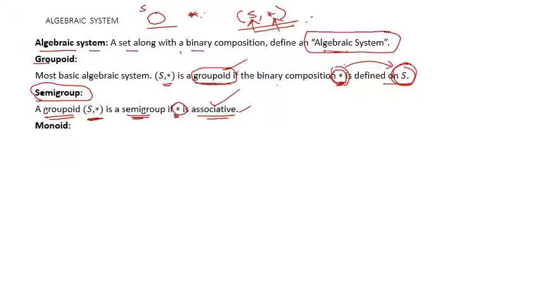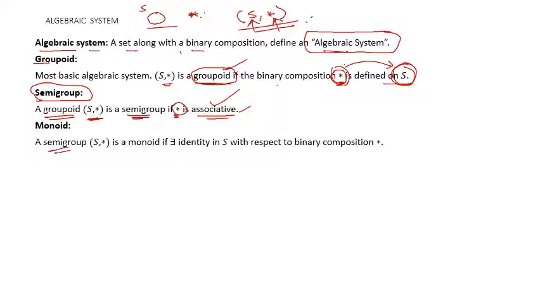Now we come to third form, which is called monoid. Now in a monoid we start with a semigroup. তার মানে এর মধ্যে অলরেডি আমরা বুঝতে পারছি যে S is closed under this binary composition star and star is associative because that's the property of a semigroup.